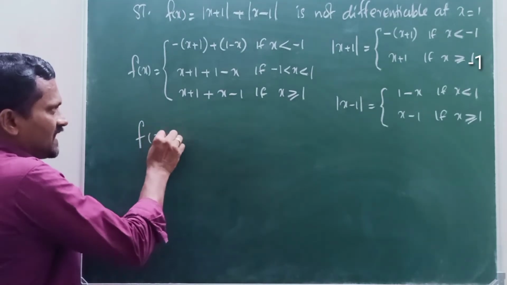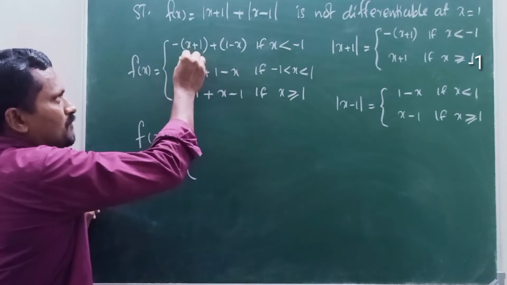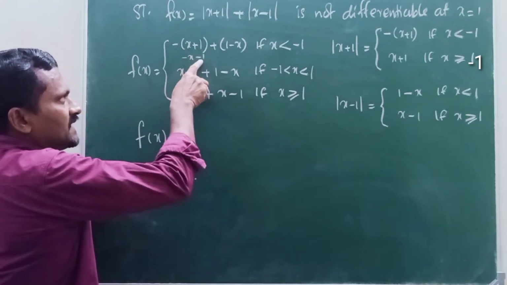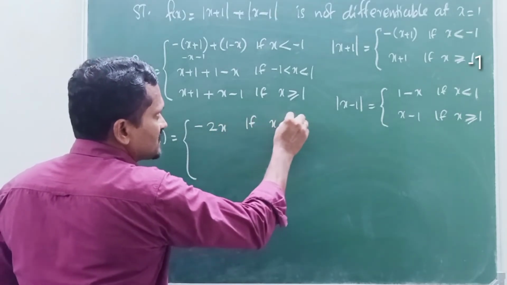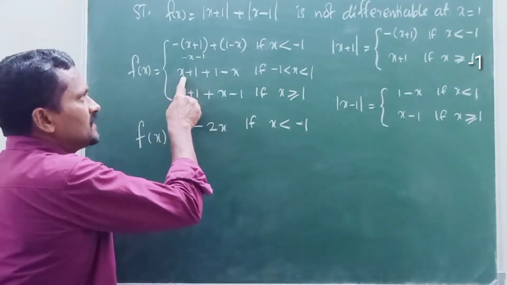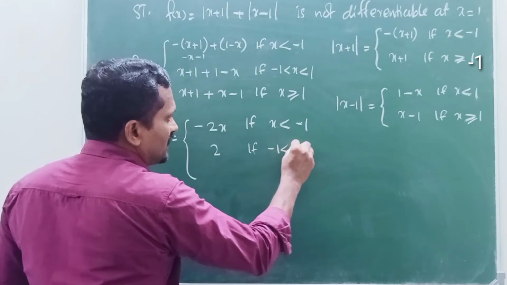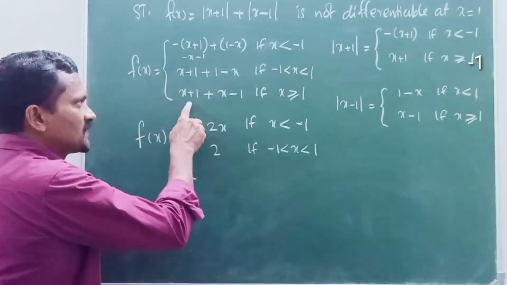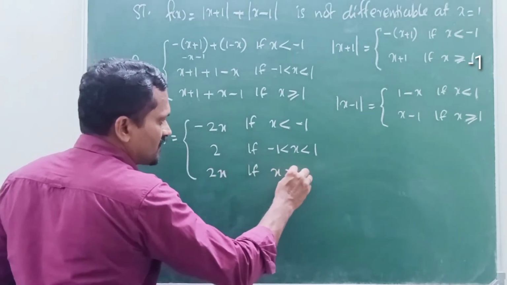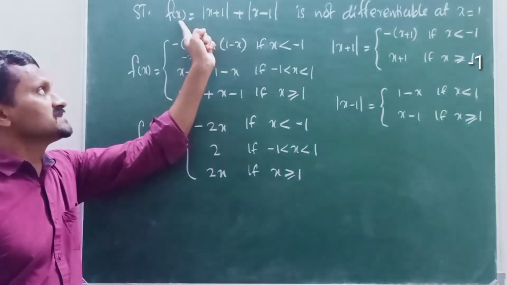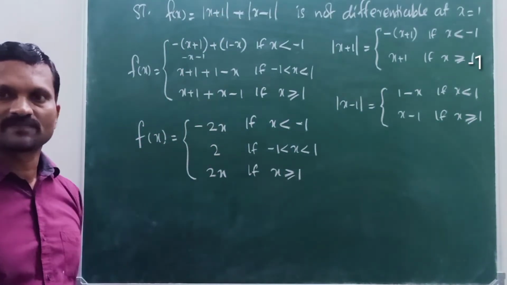That is, f of x is equal to minus of (x plus 1), which becomes minus x minus 1, then plus 1 and minus 1 get cancelled, minus 2x if x less than minus 1. Plus x minus x get cancelled, 2 if minus 1 less than x less than 1. Here plus 1 minus 1 get cancelled, 2x if x greater than or equal to 1. That is, the given function f of x can be rewritten like this.